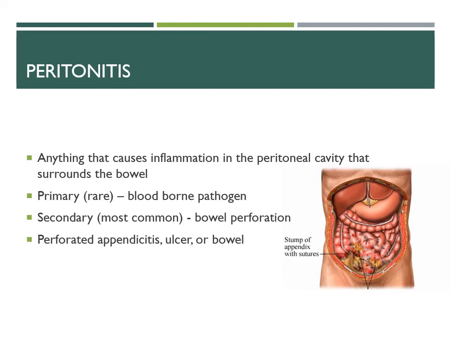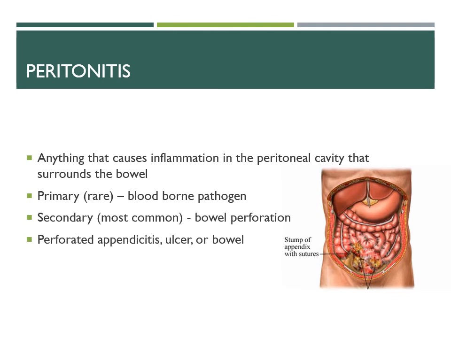There's no bacteria in it at all. There might be just a bit of lubricating fluid, but typically it's quite empty. And peritonitis is when you get typically a bacterial infection and inflammation of the peritoneal cavity. Okay, and it's a very serious condition.